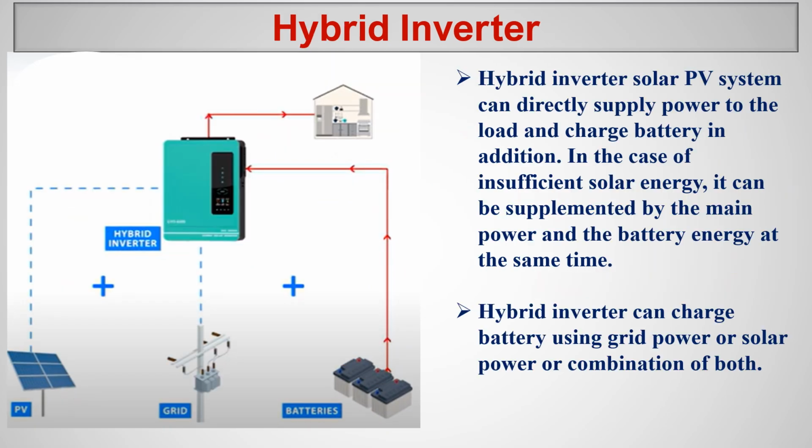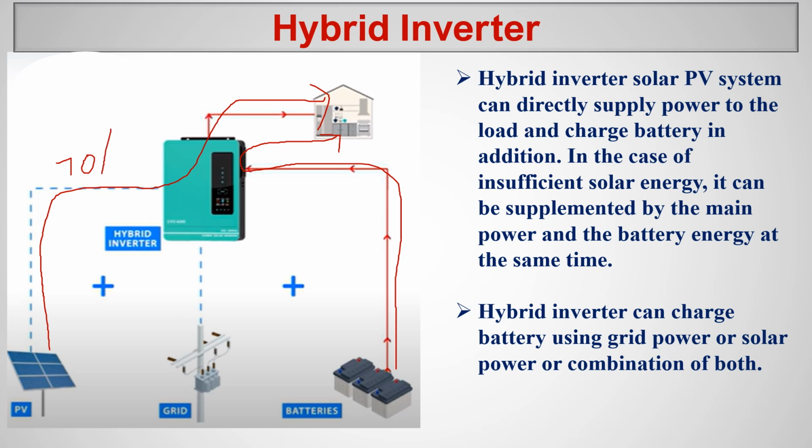The beauty of the hybrid inverter is that you can have multiple current flow directions. One is that the solar panels supply the house. At the same time, the battery can supply as well, because if the solar panel energy is not enough, you can supply the rest of the power from the battery. Let's say the solar is supplying 70% of the household demand and the battery is supplying 30%.